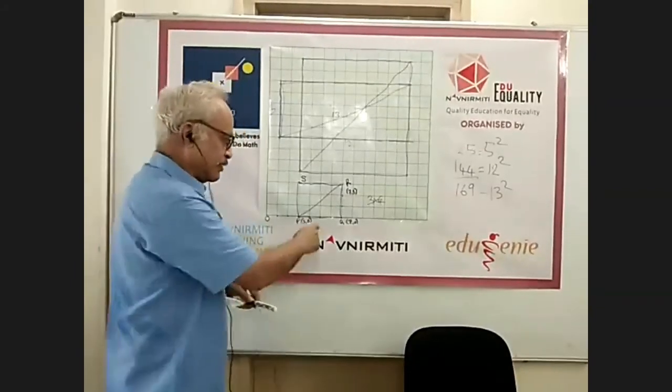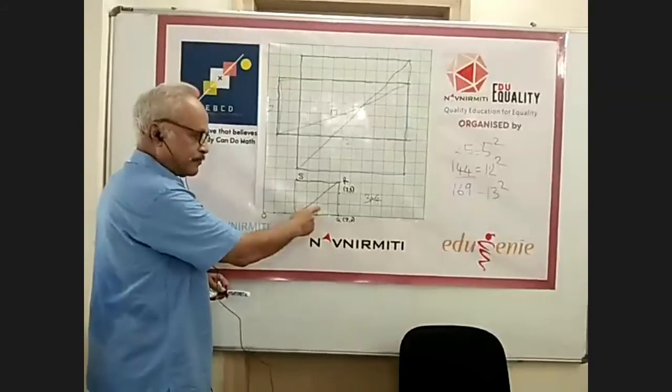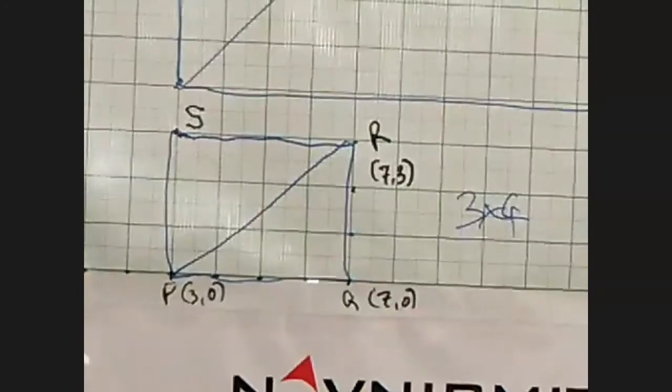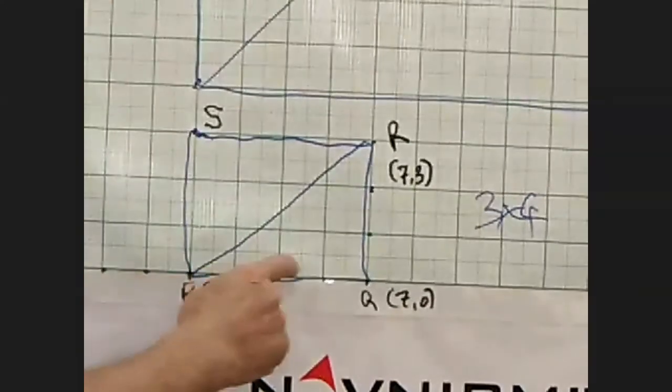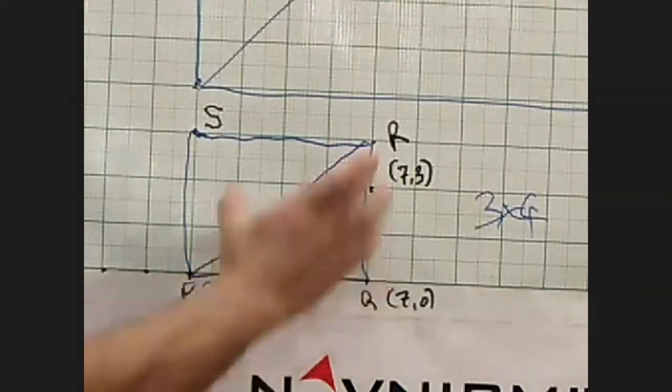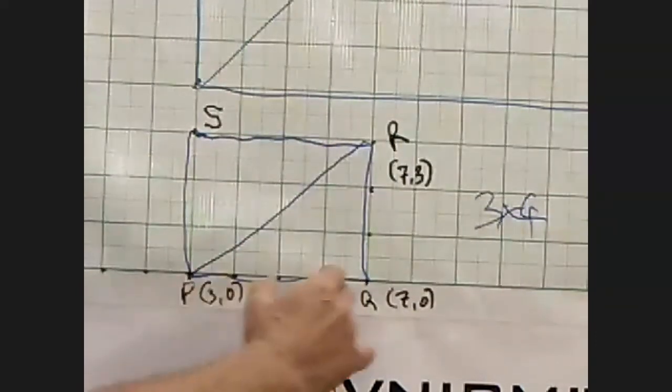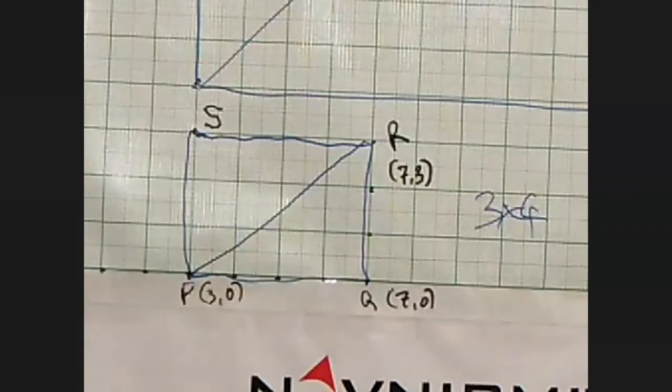Let's come to this first problem. This was a rectangle with sides 4 and 3. Let me take the square of 3. 9.